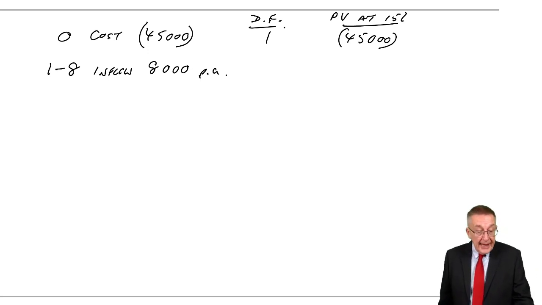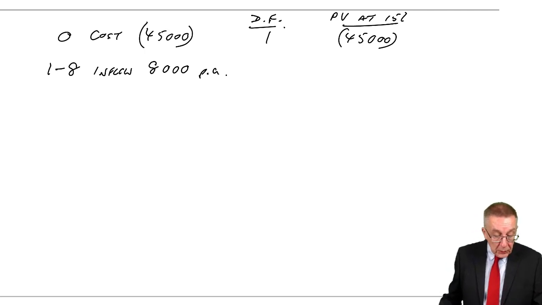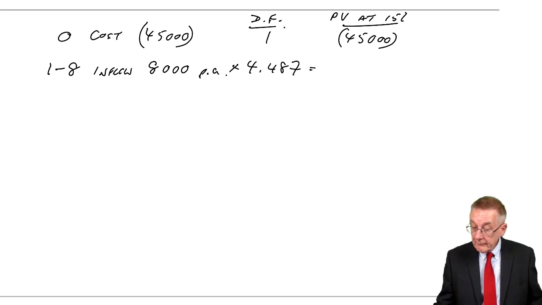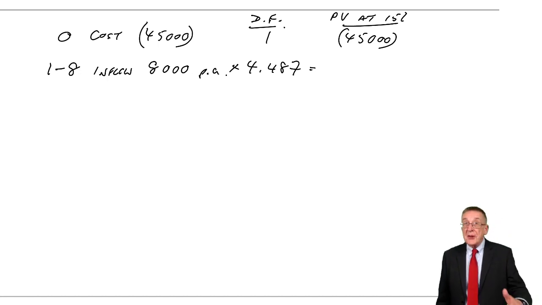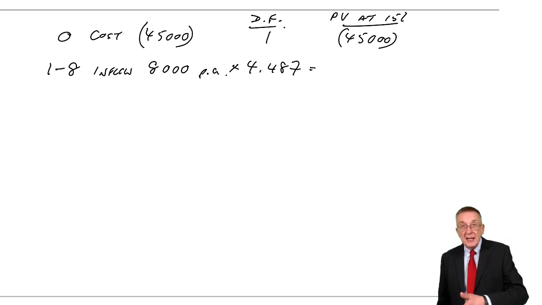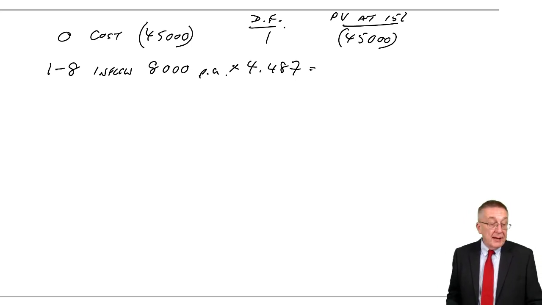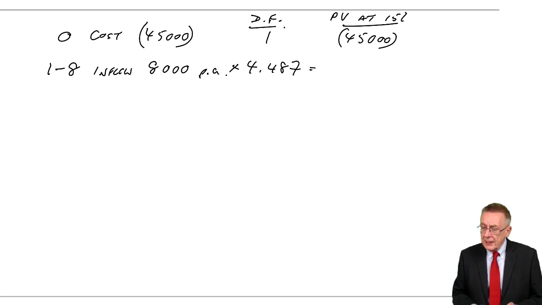We want the total for 8 years. If you look at the 8-year row, it's 4.487. Now, you can check that yourself if you want. If you turn to the present value table, where you've got the individual factors, so 1 year, 2 year, 3 year, up to 8 years, add them up, and you'll get 4.487, subject to rounding because the tables only go to 3 places.